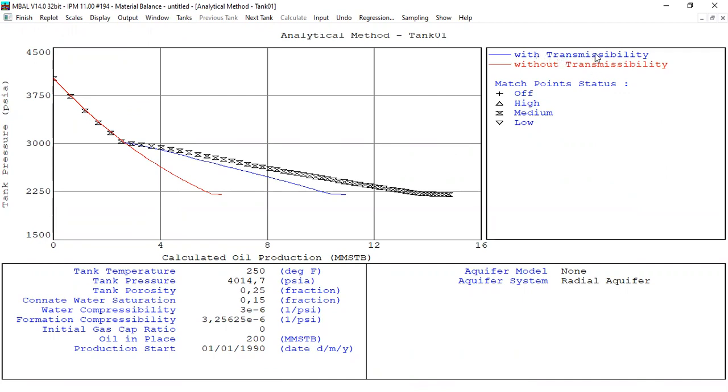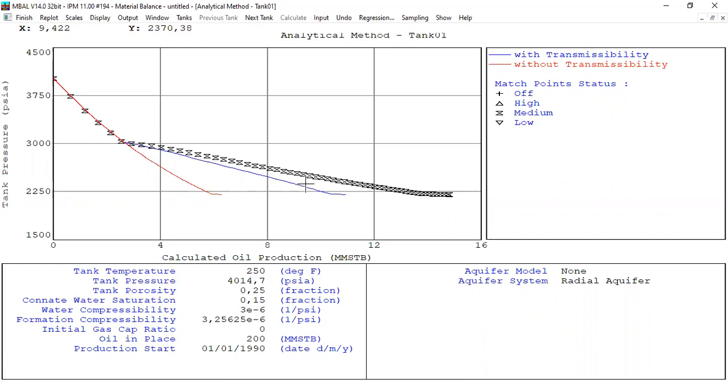But with transmissibility, now I have the blue line. And you can see the blue line gives a better match, although it still doesn't match. Okay, so now my hypothesis is right. The blue line is almost correct. So tank 1 and tank 2 are connected. They have transmissibility between them.